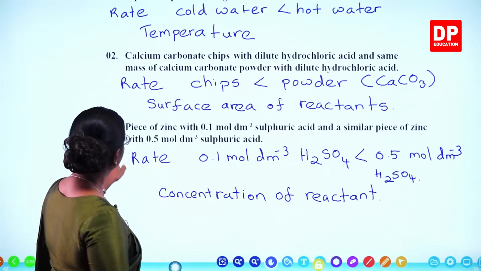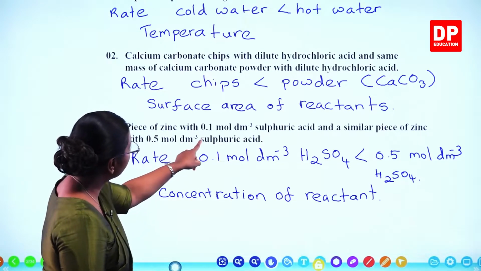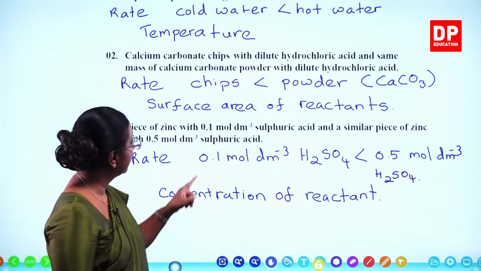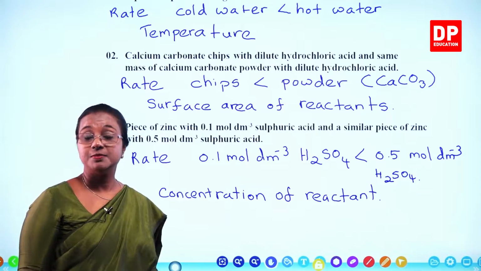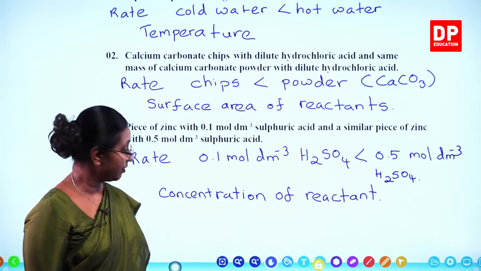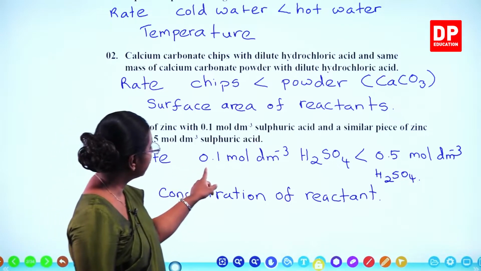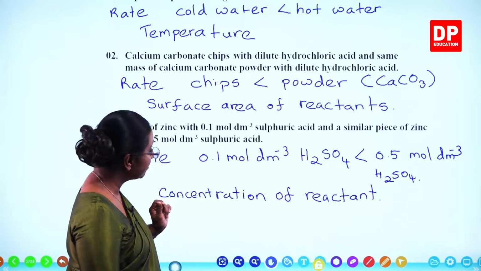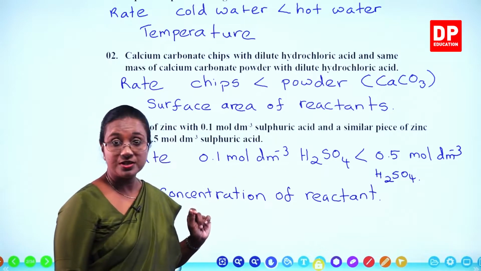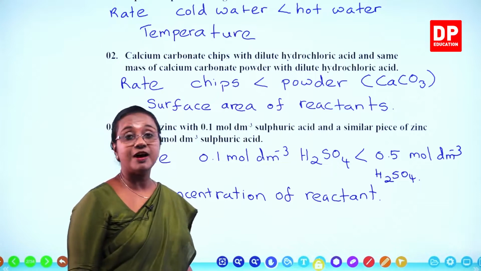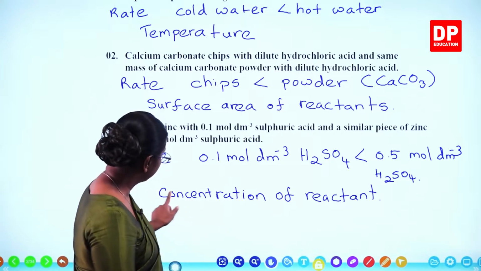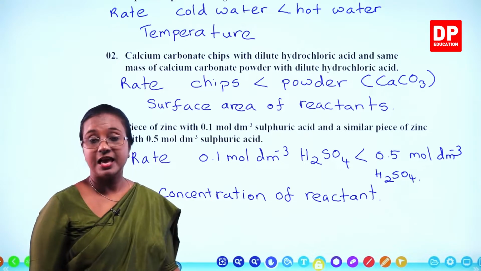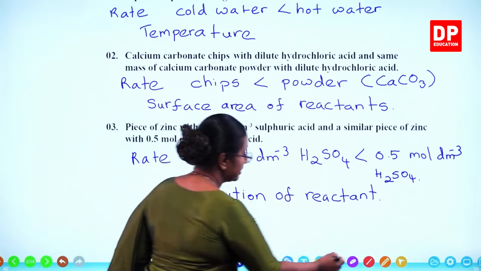And the third one, pieces of zinc with 0.1 mole per decimeter cube concentration of sulfuric acid and 0.5 mole per decimeter cube concentration of sulfuric acid. So the rate will be less when it is 0.1 mole per dm cube H2SO4 compared to 0.5 mole per dm cube H2SO4.